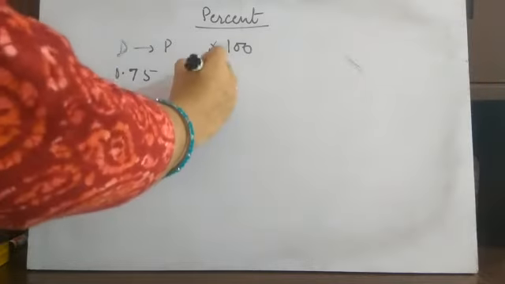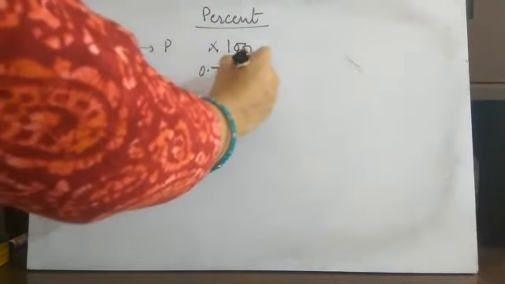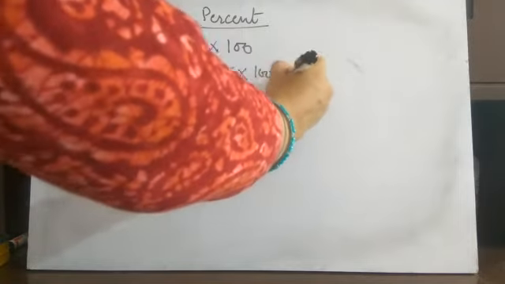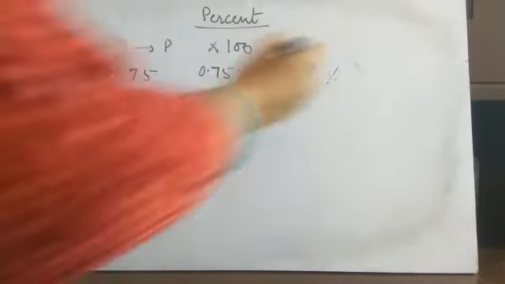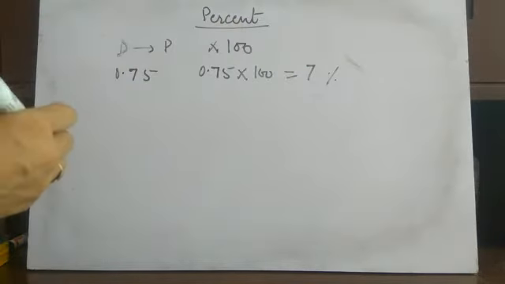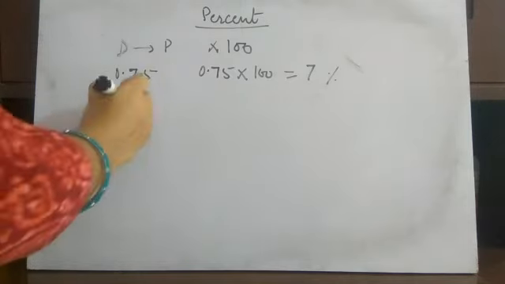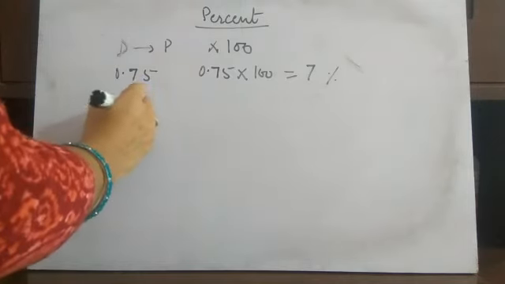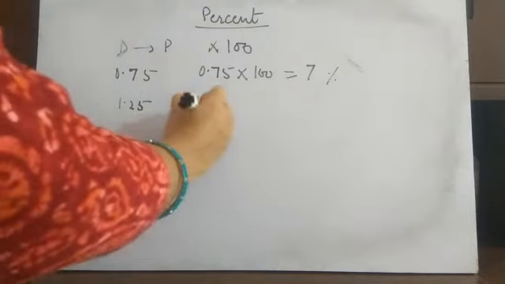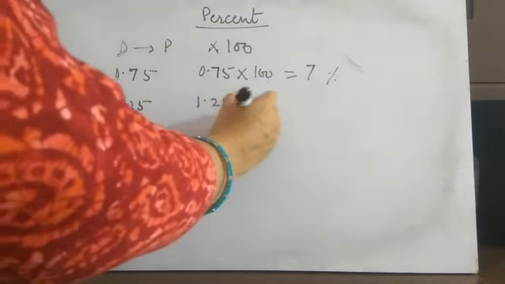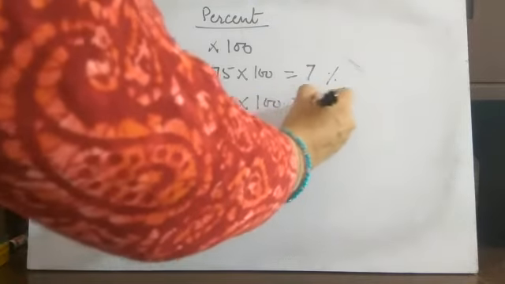We multiply 0.75 by 100. That will give you 75%. Another example we can take: 1.25. So 1.25 into 100 will give you 125%.